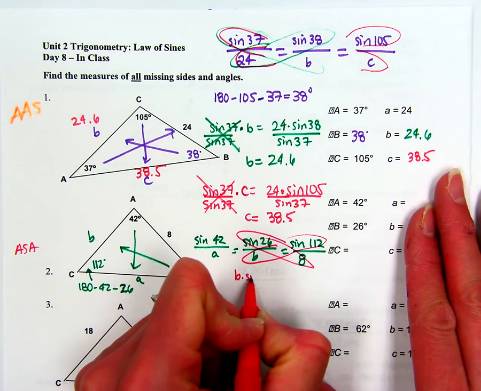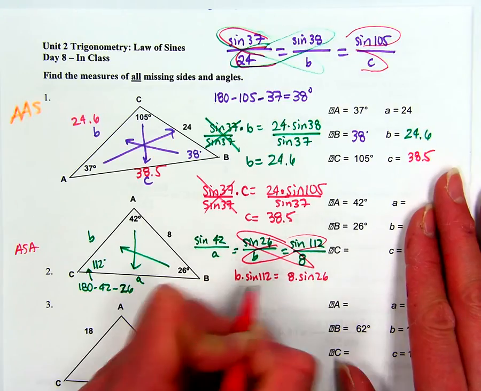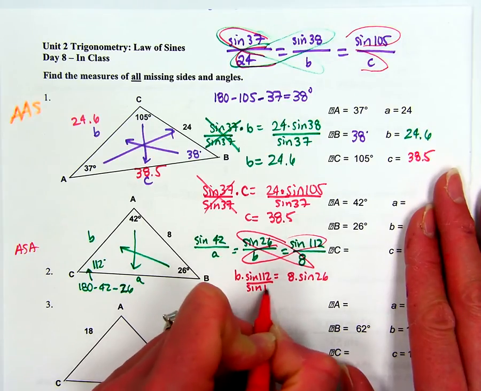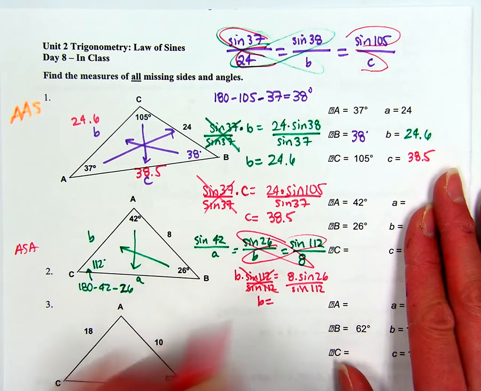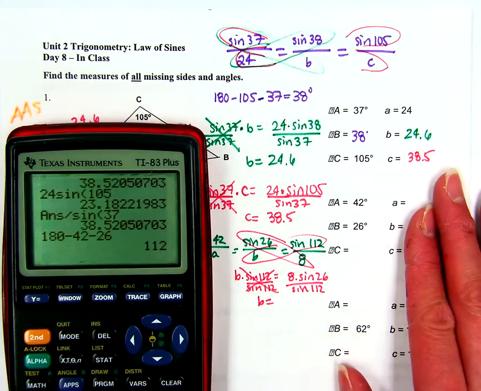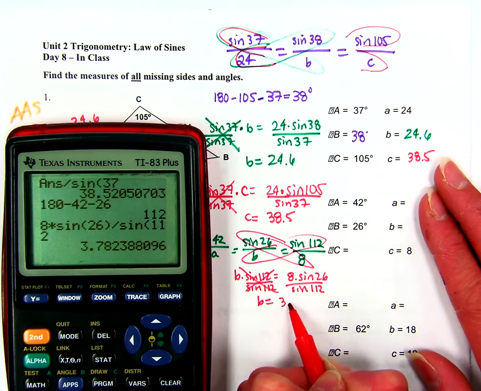Okay, so B times sine of 112 equals 8 times sine of 26. And then to get B by itself, divide both sides by sine of 112. So that's gone. Now I just need my calculator. 8 times sine 26 divided by sine of 112. And I get B to be 3.8.